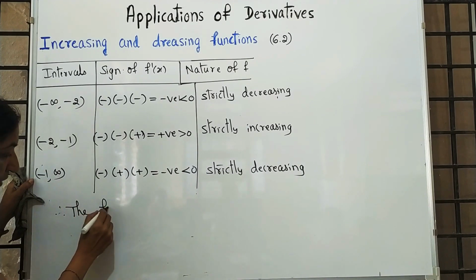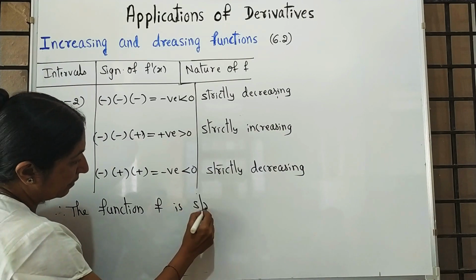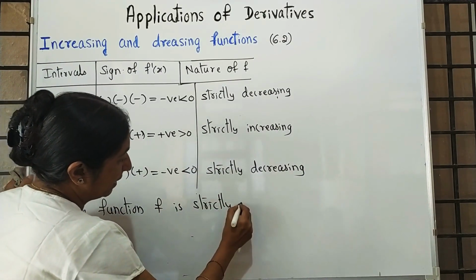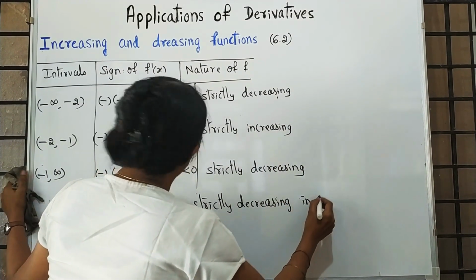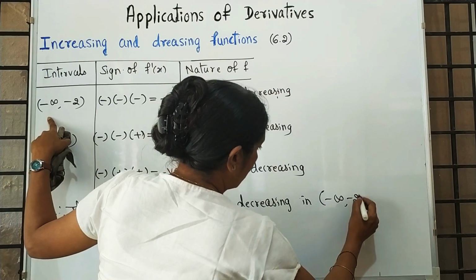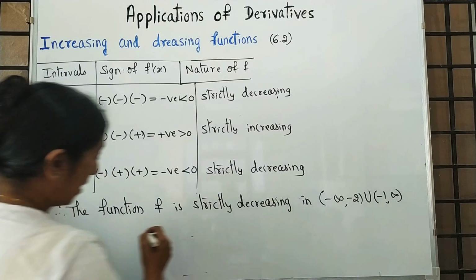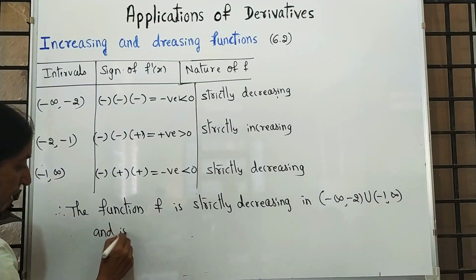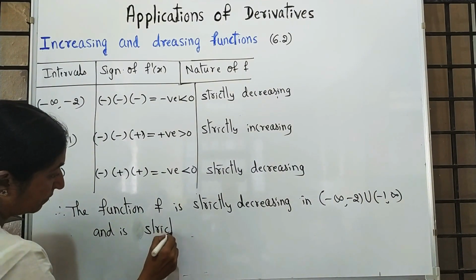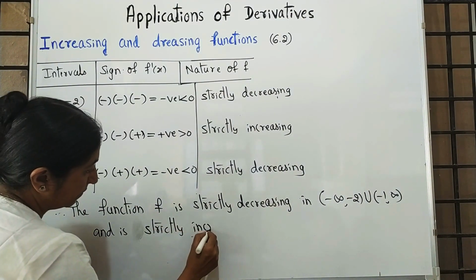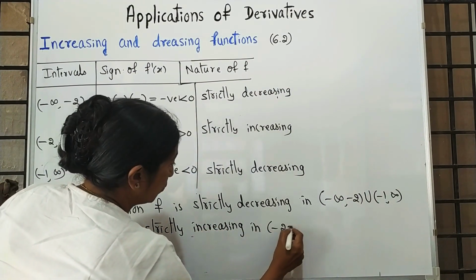Therefore, the function f is strictly decreasing in minus infinity to minus 2 union minus 1 to infinity, and is strictly increasing in minus 2 to minus 1.